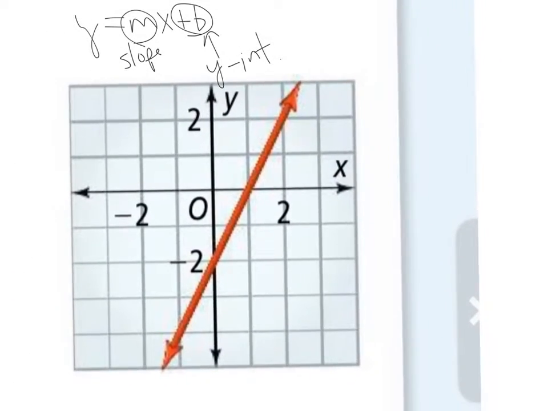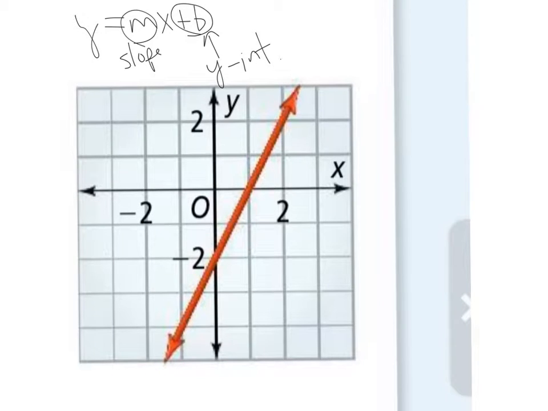I'm going to start by just looking at the graph, and we'll just figure out what it's going to be here. So if we look at the graph, we can tell our y-intercept, where it crosses the y-axis, is at -2. And then we can look at our slope. Slope is change in y over change in x.